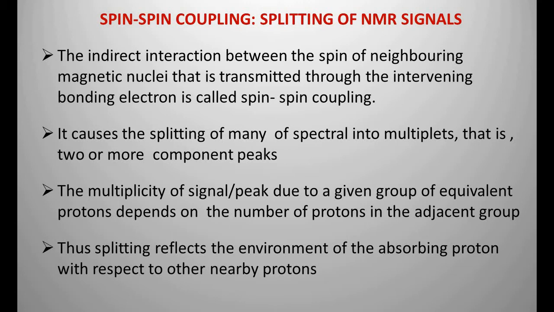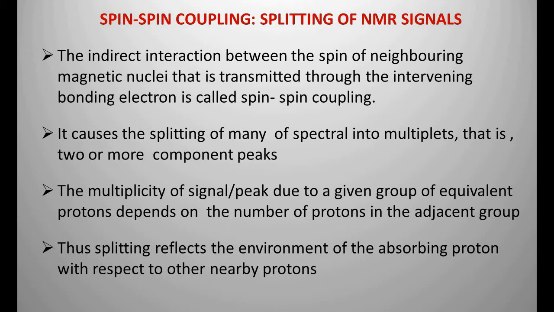The distance towards the left from the TMS signal is determined by the chemical shift the proton feels. But spin-spin coupling is another effect that results in the splitting of the NMR signal. Each resonance absorption signal gets split into multiplets as a result of spin-spin coupling, and that aspect is going to be discussed.